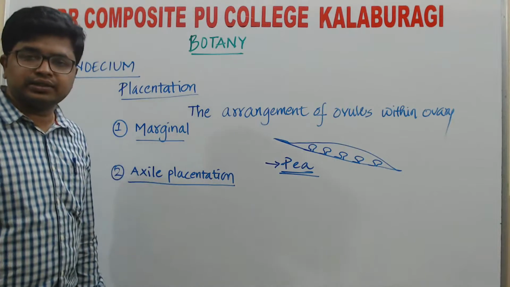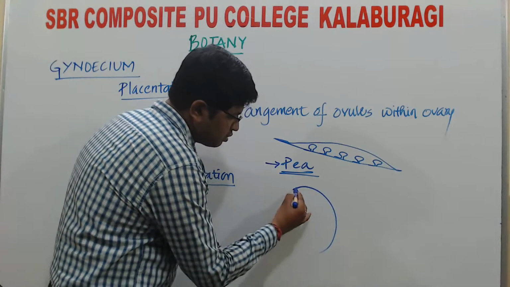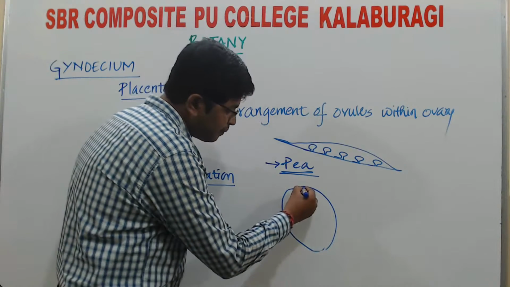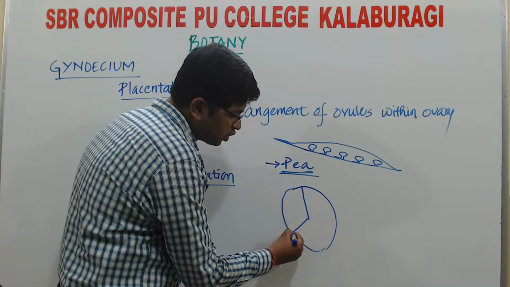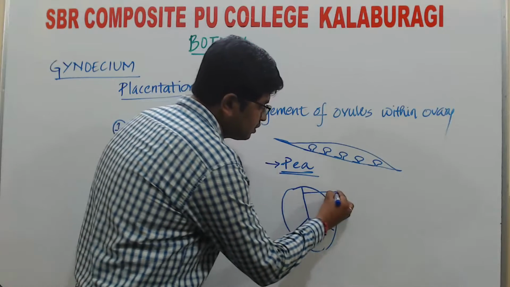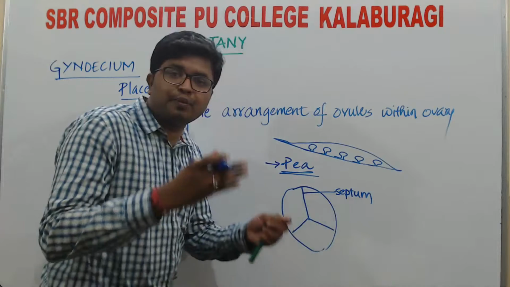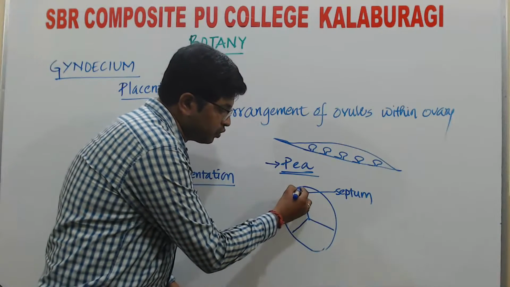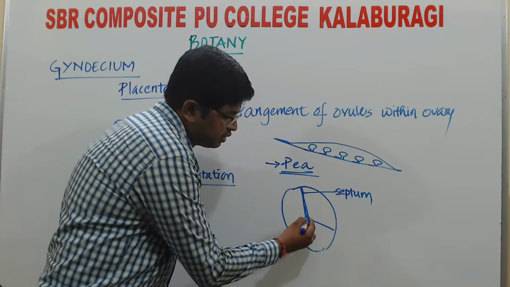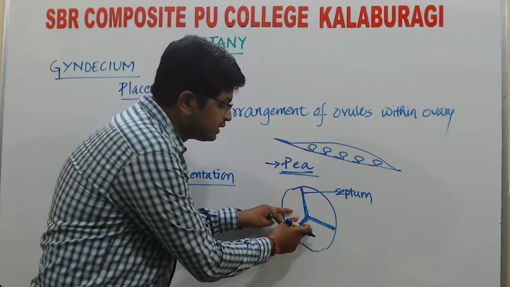In axial placentation, you will see that within the ovary, you will have multiple locules, meaning chambers, separated by septa. The chambers have divided the ovary into three sections.